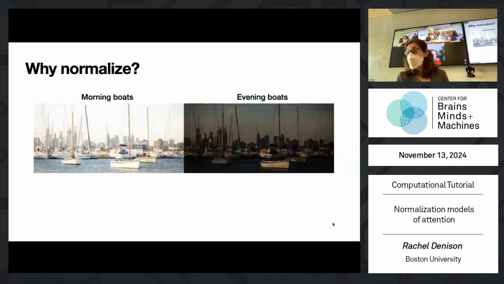Edges and segmentation would be very difficult in the evening. That's a good point, because the differences in luminance between the edges are actually less. Very good. Any other thoughts about why this isn't totally trivial?